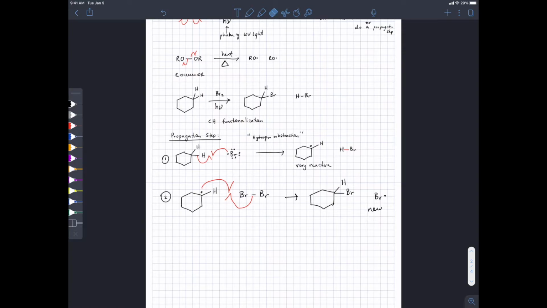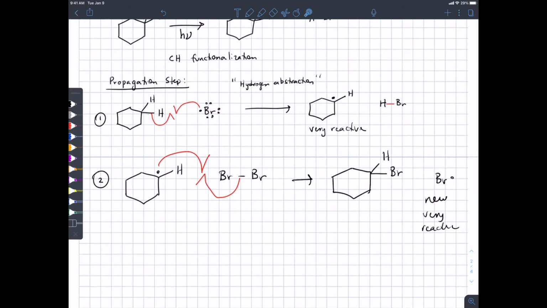This is why we call it a propagation step. You start with a radical, you get a radical out. And so this is kind of a new kind of chemistry because it has no beginning or end, right? Once you have some of the radical, there's a chain that continues to go on forever.